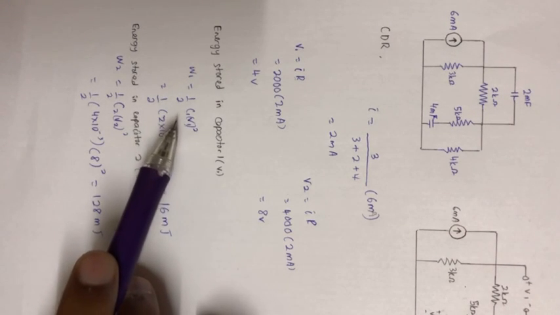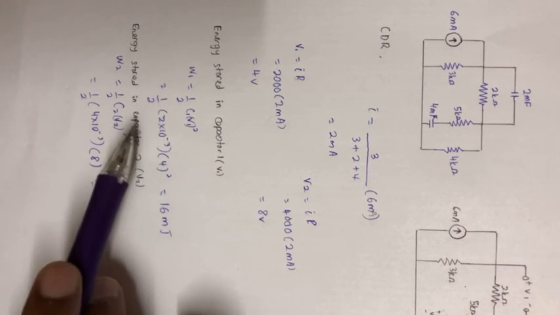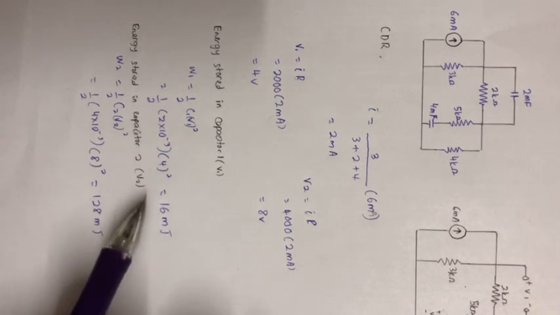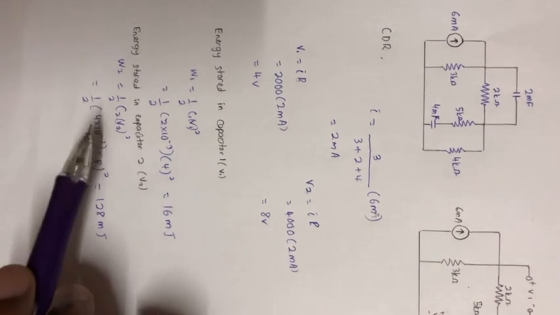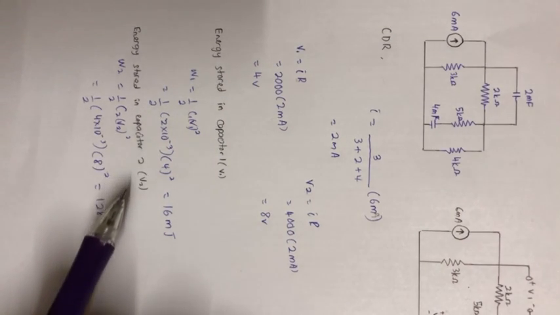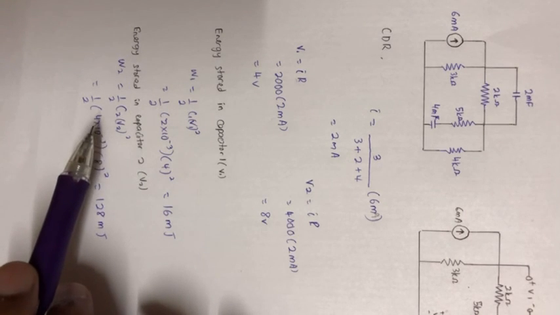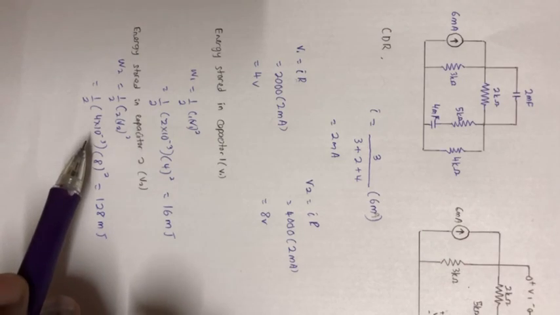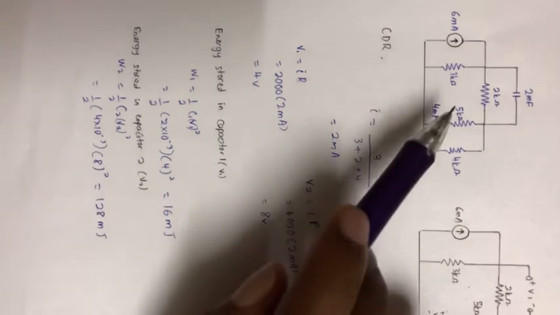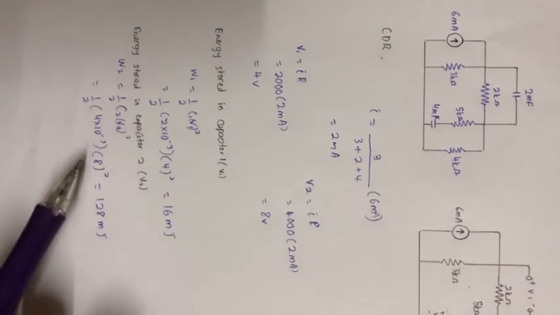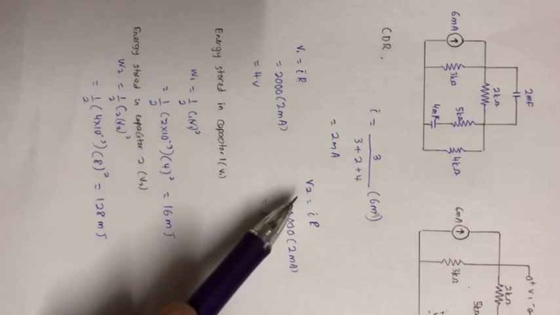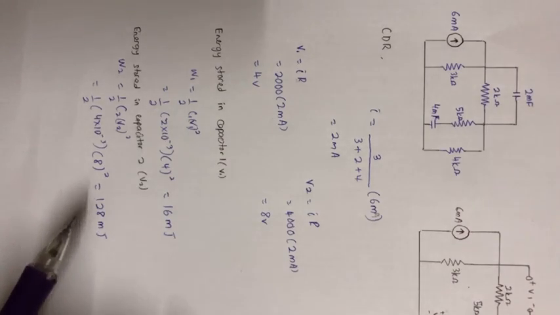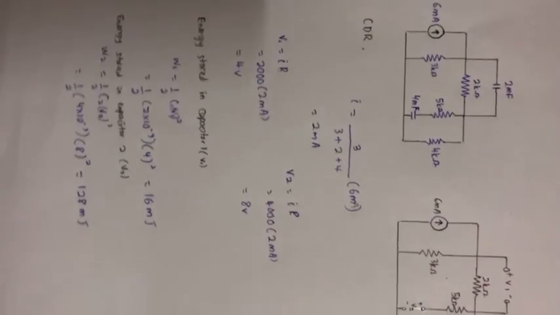We must use the C value here, so 1 over 2 times the capacitor value times 4 squared is equal to 6 millijoules. And the energy stored in capacitor 2 across V2 is 1 over 2 C2 V2 squared, so 1 over 2 times 4 times 10 to the power of negative 3 times 8 squared, which is the V2 we found before, and it is equal to 128 millijoules. That's it. Thank you very much.